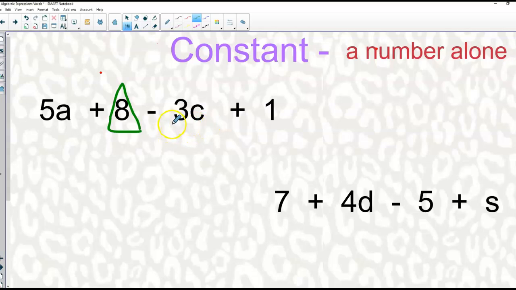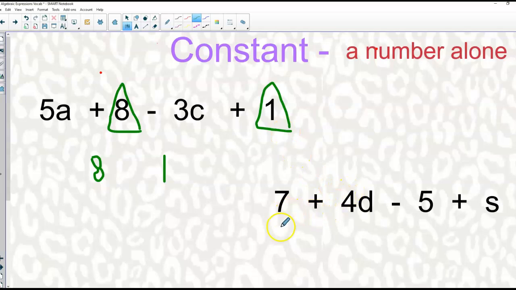In this next term, 3 and C are attached to one another, so that's not a constant. But 1 is another one by itself, so it is alone. So my constants in this problem would be 8, and it would be 1. Or if it asked, you would say that there's 2 of them.